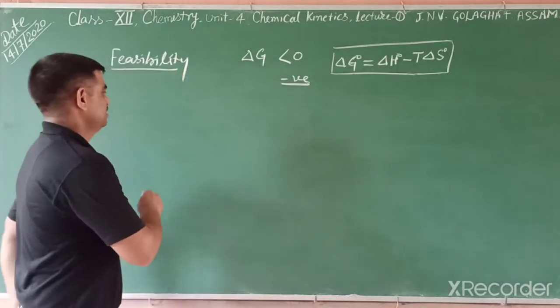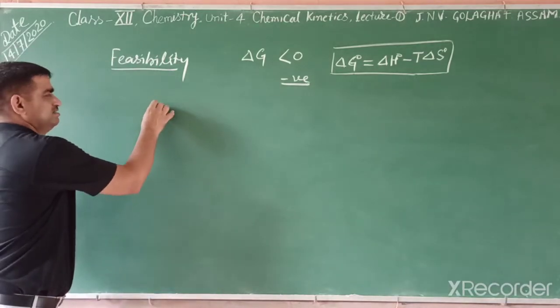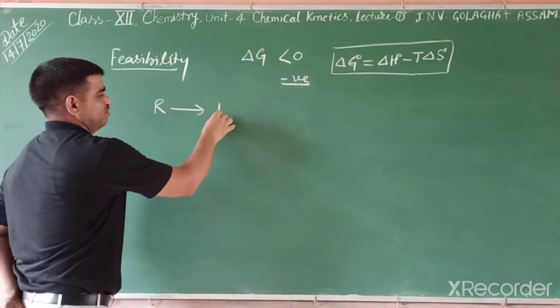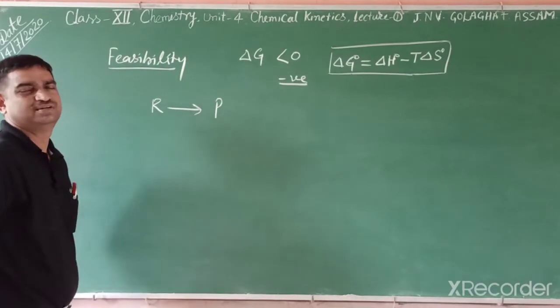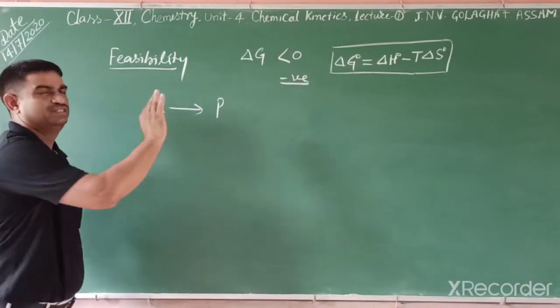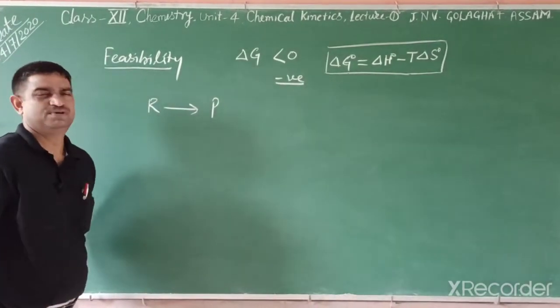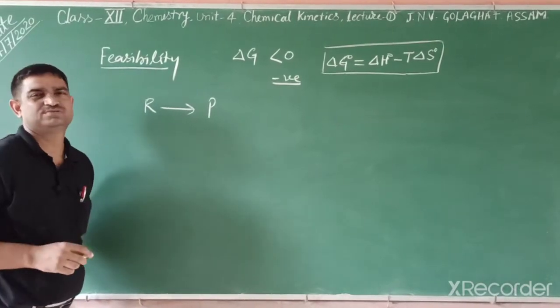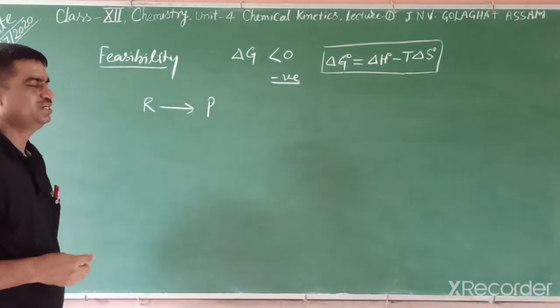So students, we can write a general reaction, that is, reactant converts into product, a hypothetical reaction. We can represent it in this way. So how can we find out the rate of reaction?